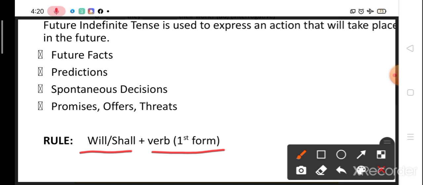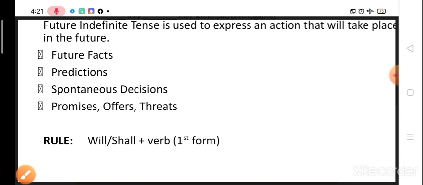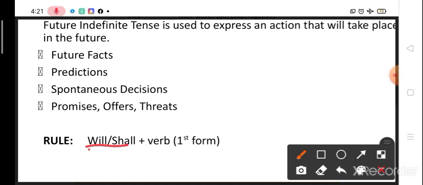First form of the verb is come, then buy, etc. Okay. Also, when we say that we will use will or shall, so when do we use will and when do we use shall?